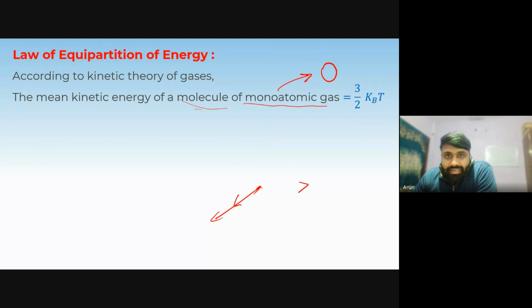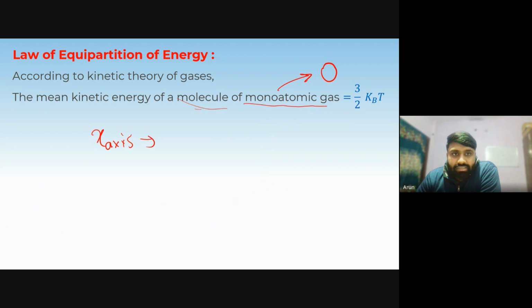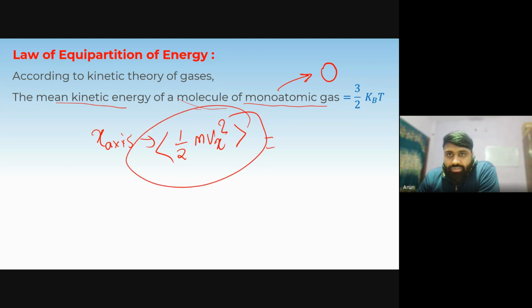So we can say that for each axis, let's say we talk about the x-axis, the mean kinetic energy in the x-axis will be given by 1 by 2 m vx square, and this is the mean, so we are taking the mean of this. This energy is nothing but equal to the equipartition of this energy.